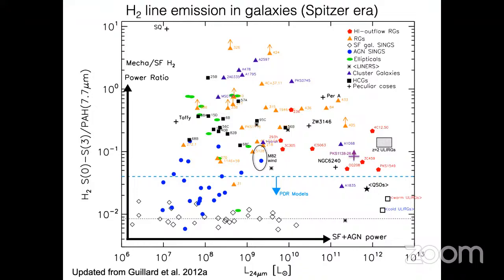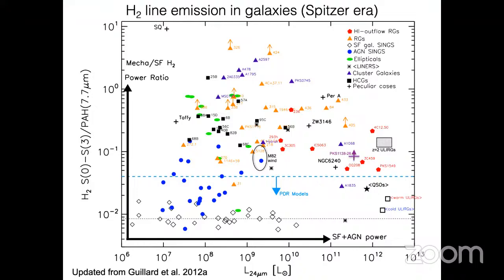And you see that standard star-forming galaxies, which are those black diamonds here, lie onto this line, meaning that you've got a very tight correlation between H2 and PAH emission, coming from PDRs.